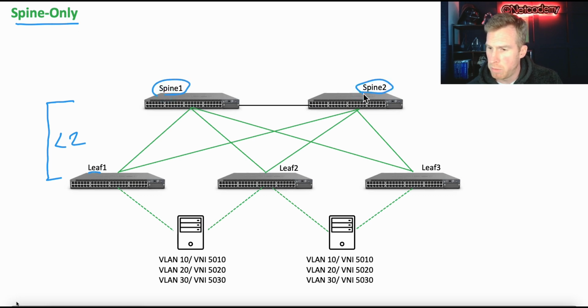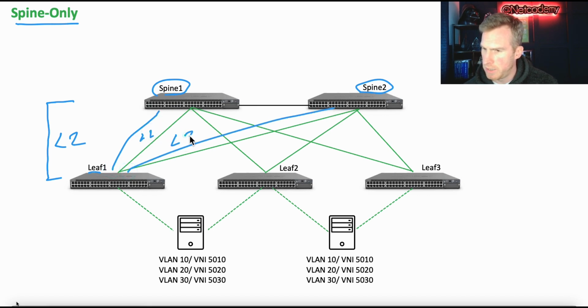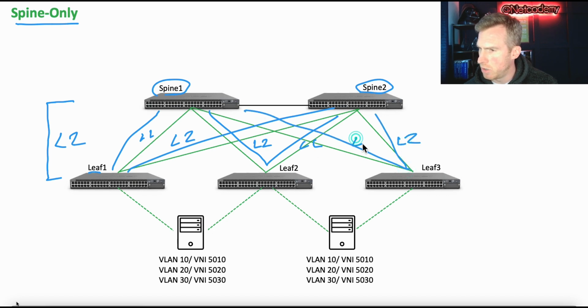So from leaf 1 up to spine 1, it's going to be layer 2. From leaf 1 over to spine 2, it's going to be layer 2. From leaf 2 to spine 1 and spine 2, it's going to be layer 2. And guess what? From leaf 3 up to spine 1 and spine 2, it's going to be layer 2 as well. It is quite literally layer 2 everywhere.